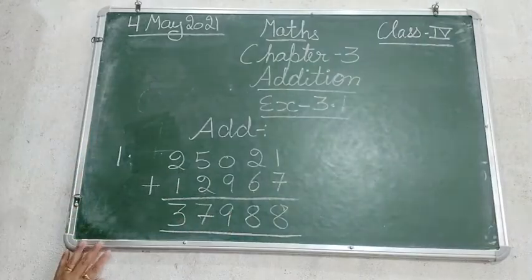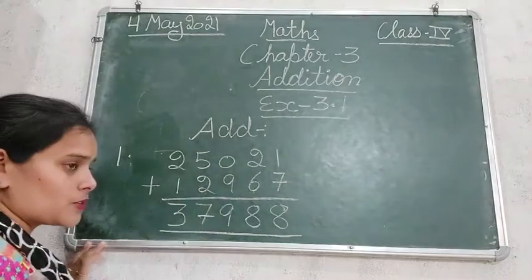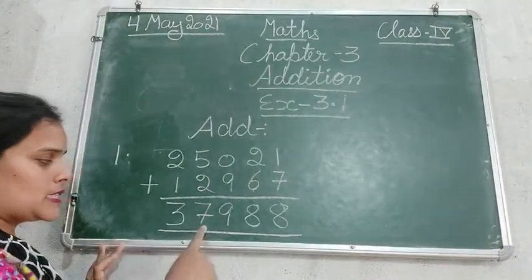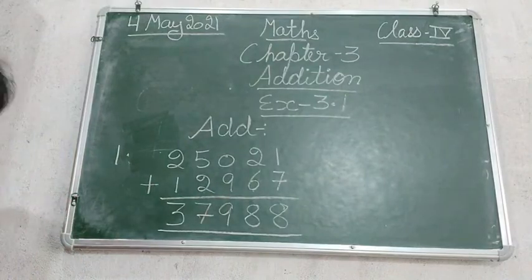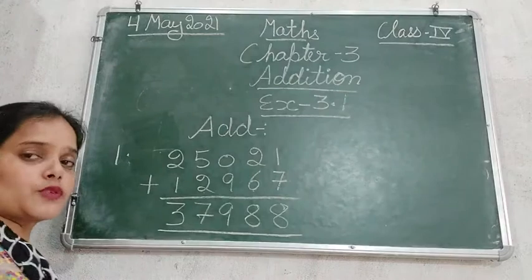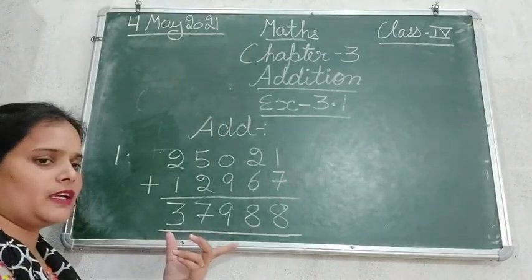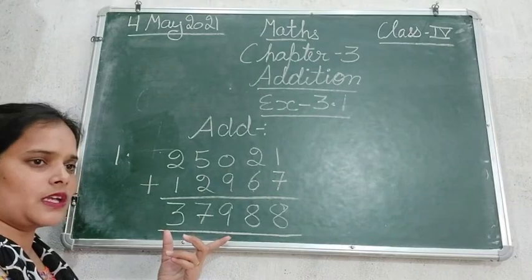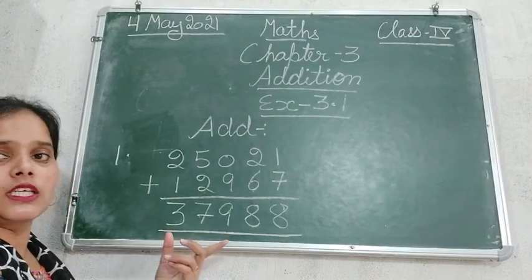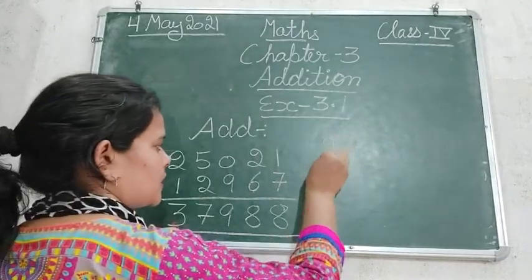After adding them all, the number we got after adding 25,021 and 12,096 is 37,988. Okay, so this is how you are going to do the sums of addition. Okay, chaliye, moving next to the second one.